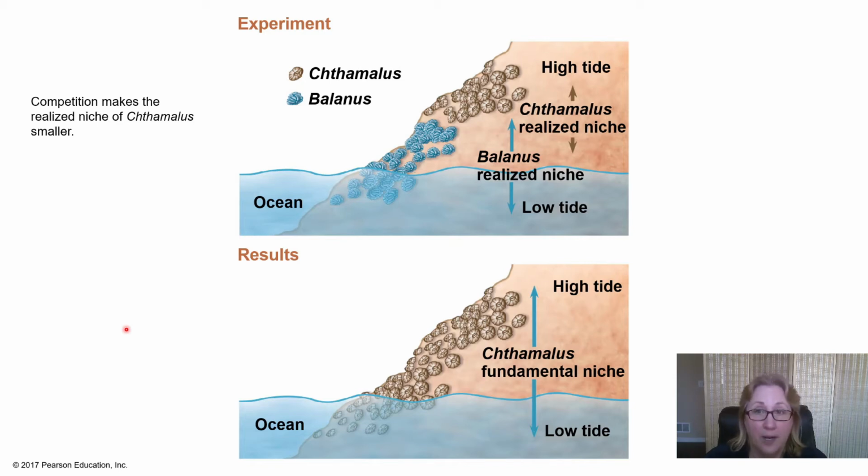And where both are present, the realized niche of the Chthamalus is smaller, but the realized niche of the Balanus is always the same. They are where they want to be. They are the stronger competitor, and the Chthamalus species has to live where the Balanus species is not.